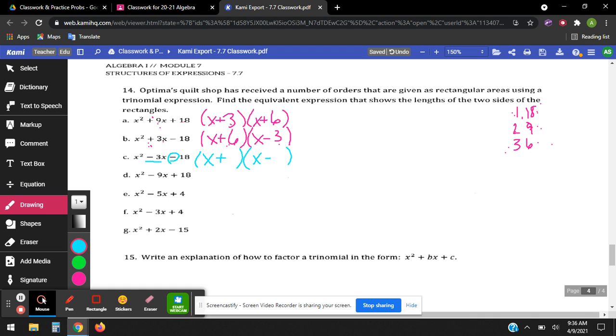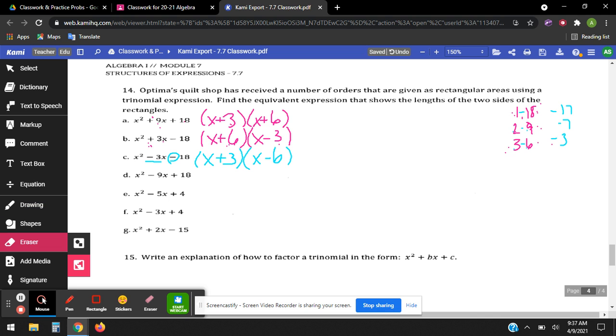So I know my bigger number is going to be negative. So now if I go through here, I'm going to have 1 plus a -18 is -17. 2 plus -9 is -7. 3 plus -6 is -3. So I need my 6 negative this time and my 3 positive.